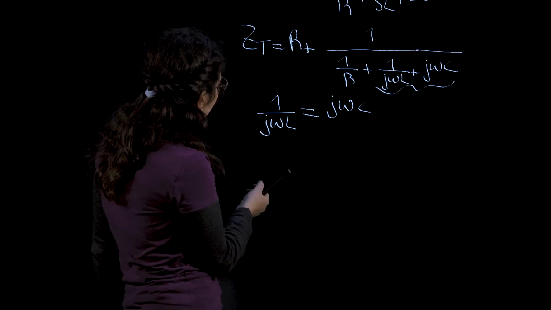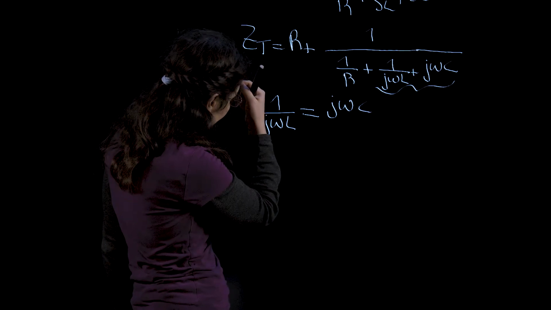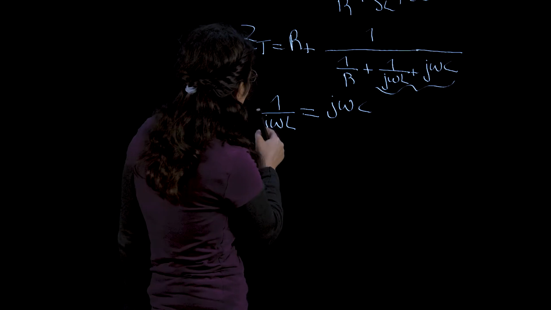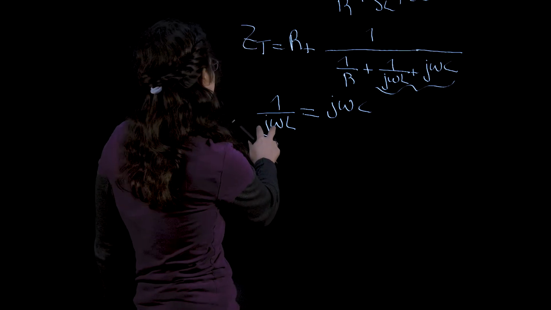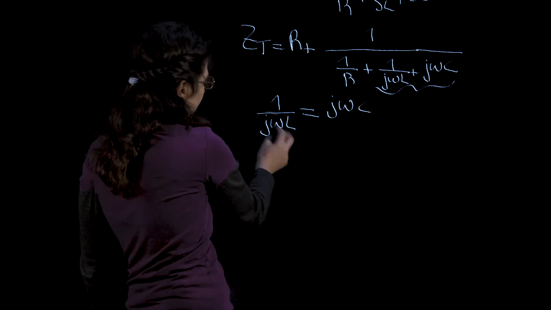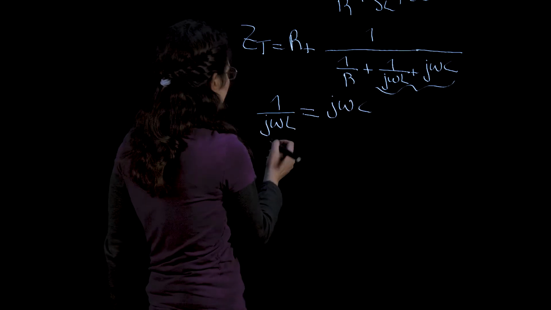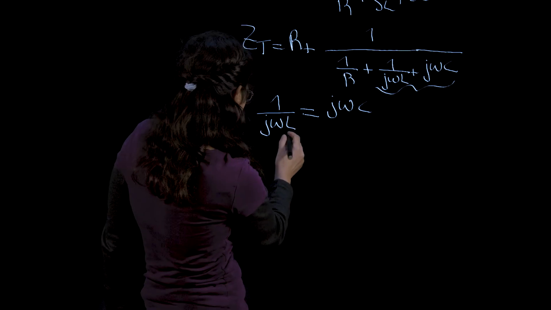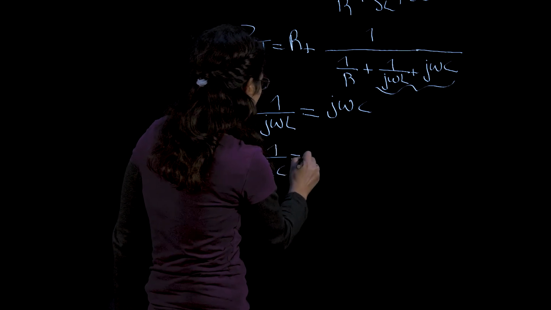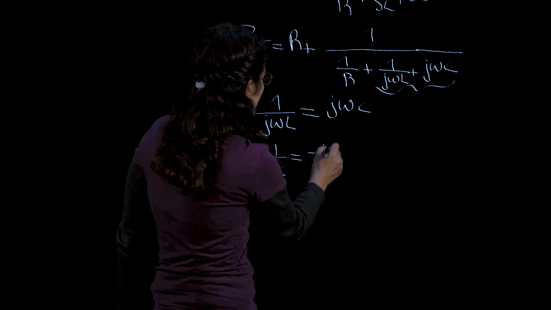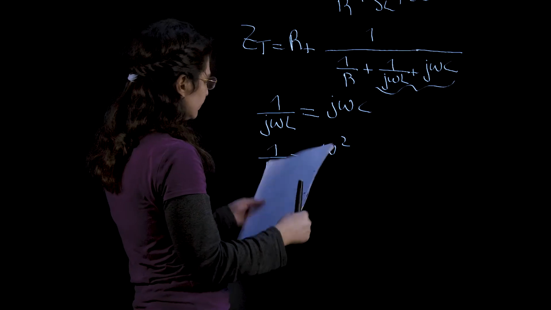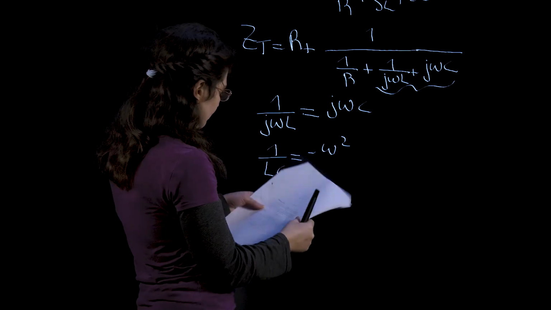And what we have here is that if I put the C down here and the j omega up there, I get 1 over LC equals minus omega squared, because j times j is minus 1.